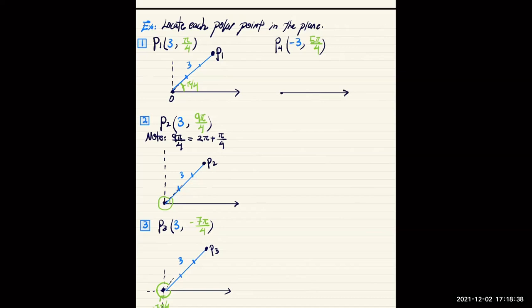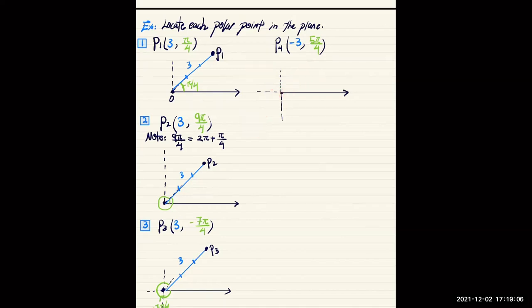So 5 pi over 4, that is in the counterclockwise direction. If I go in the counterclockwise direction, that would be pi over 4, this would be 3 pi over 4, this angle would be 5 pi over 4.